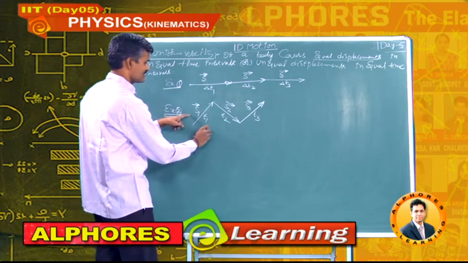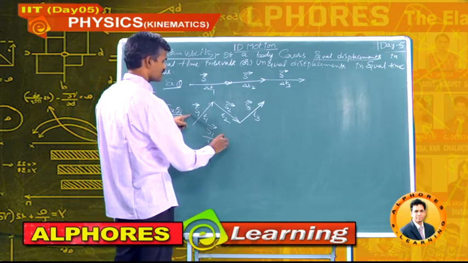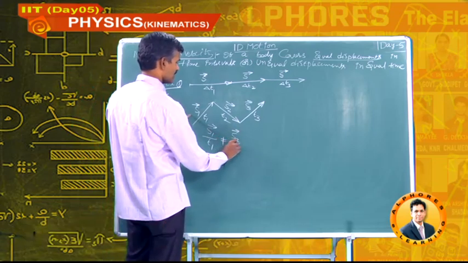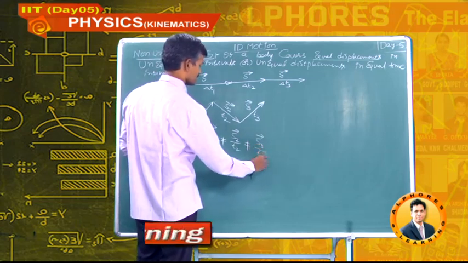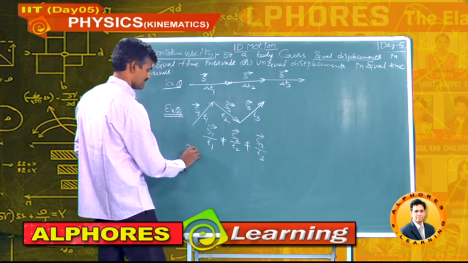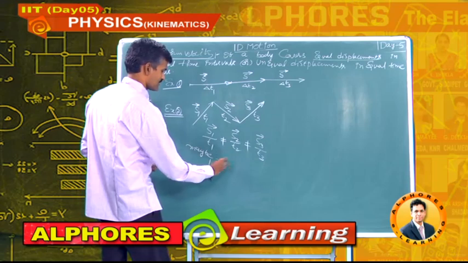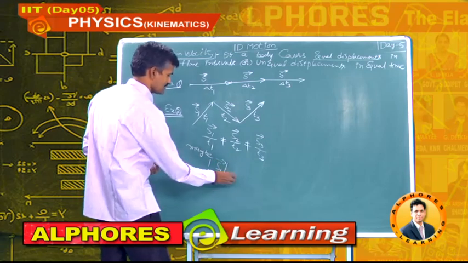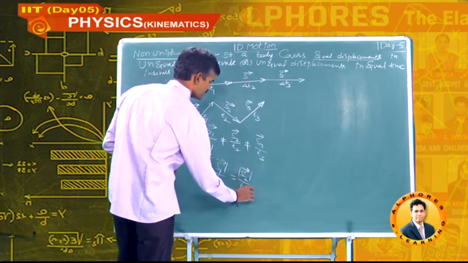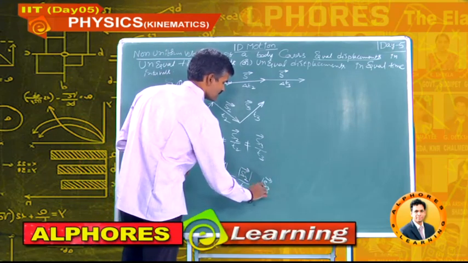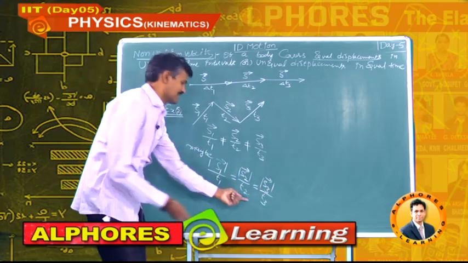In this case, S1 bar by T1 is not equal to S2 bar by T2, which is not equal to S3 bar by T3. Maybe mod S1 bar by T1 is equal to mod S2 bar by T2 is equal to mod S3 bar by T3, or it may not be equal in this case.